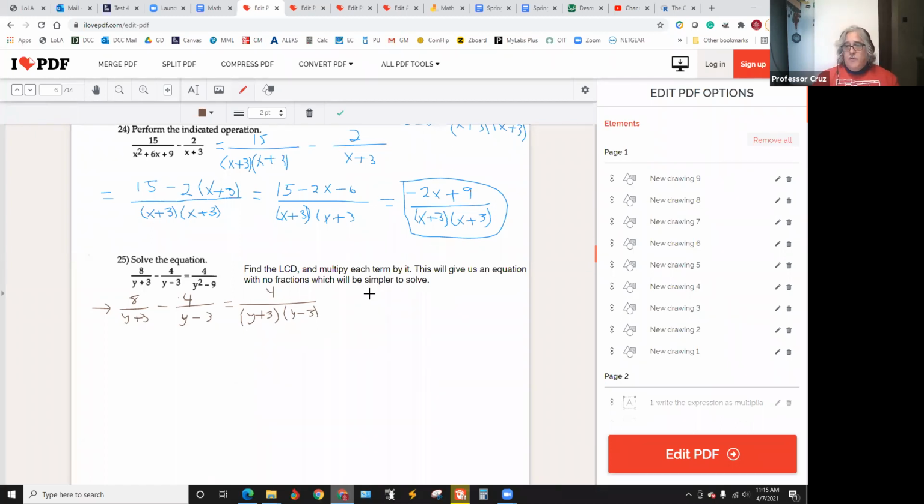We got to have the one that takes into account all of the factors.